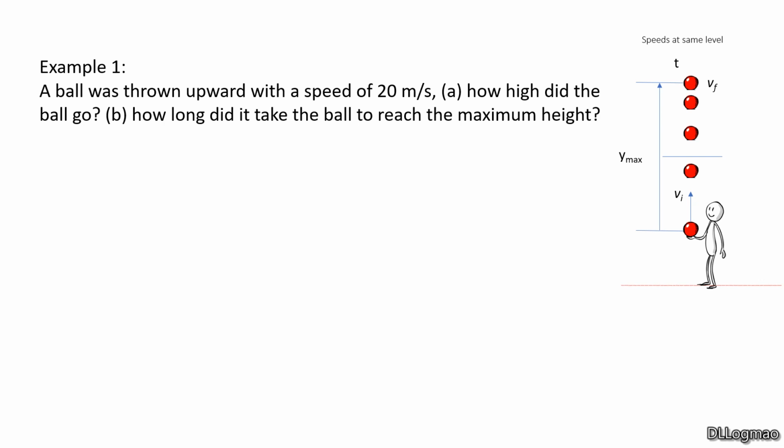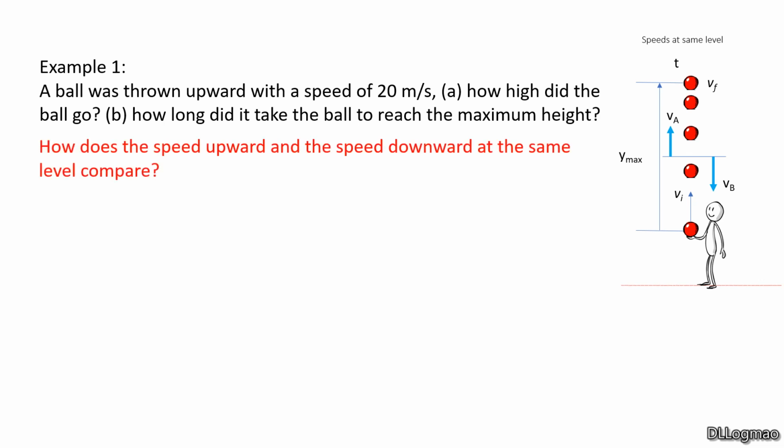How about the speed of the body at the same level, v sub A and v sub B? This is the question. For a body thrown vertically upward, how does the speed upward and speed downward at the same level compare?